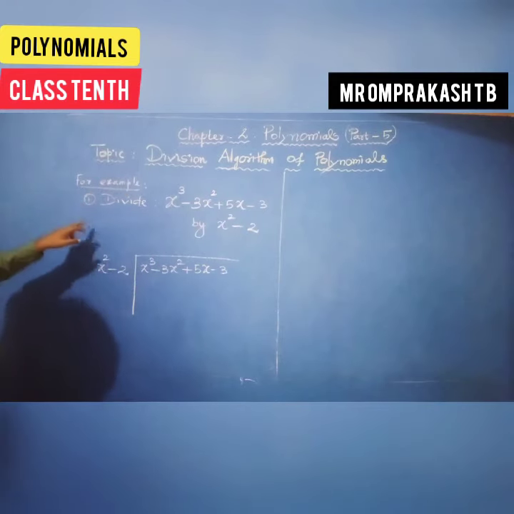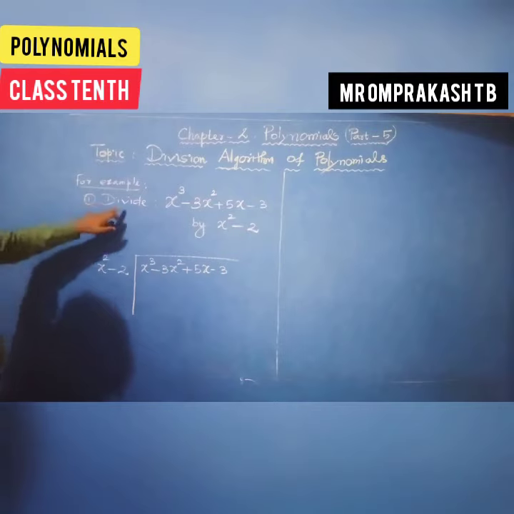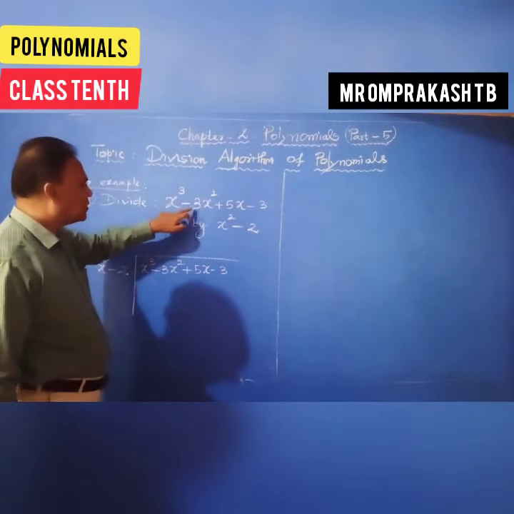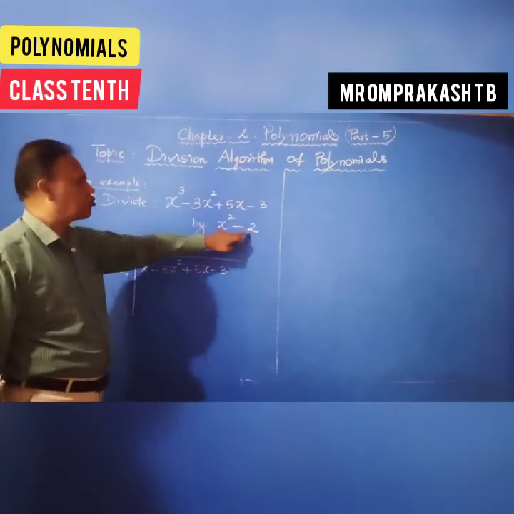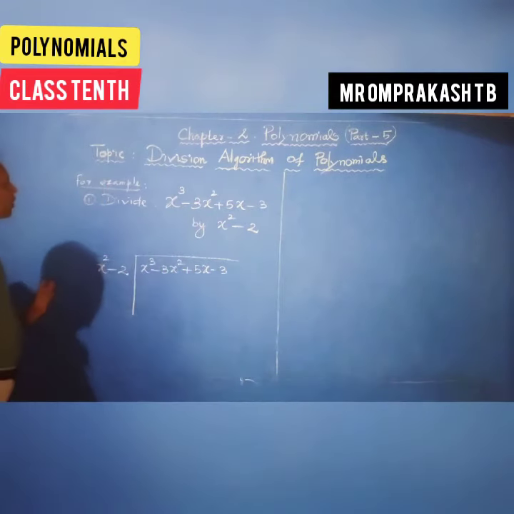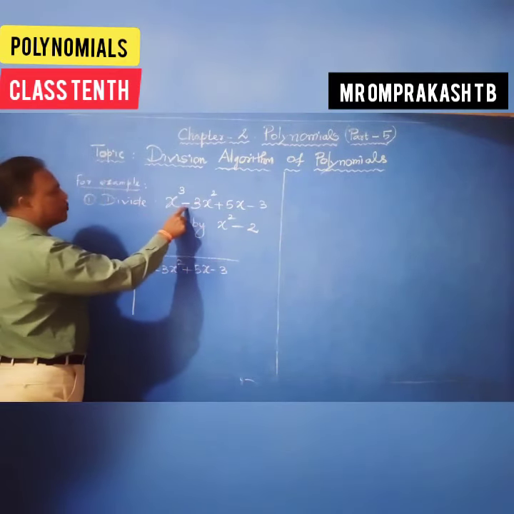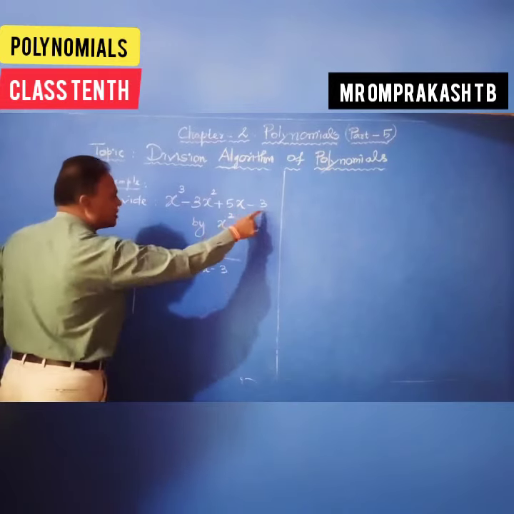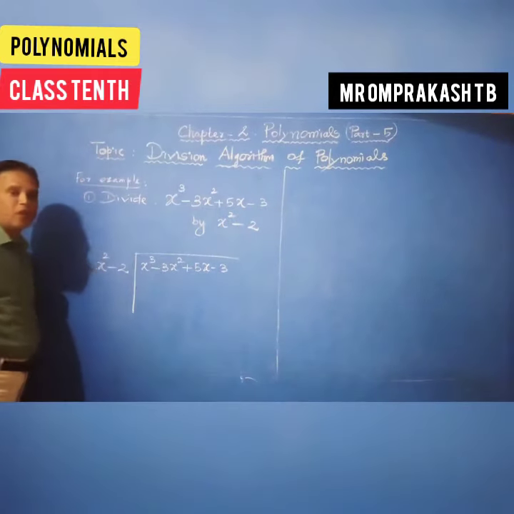Using the division algorithm of polynomials, we can see some problems here. So the first problem is to divide x cube minus 3x squared plus 5x minus 3 by x squared minus 2.